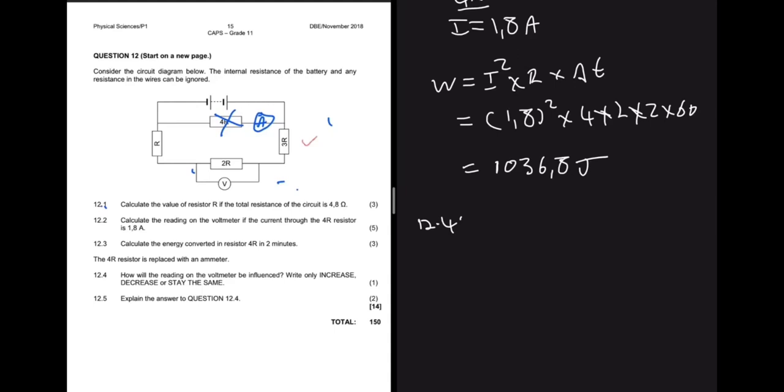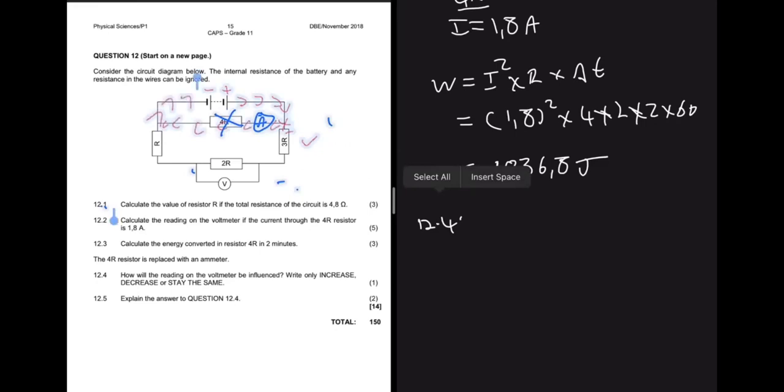Let me show you what I mean when I say it will short circuit the circuit. We have the current from the positive terminal flowing, and there goes our current. At this point, if you replace the 4R resistor with an ammeter, the current will not go down. It will take the path with the least resistance. So it's going to go down this way, and then go up.